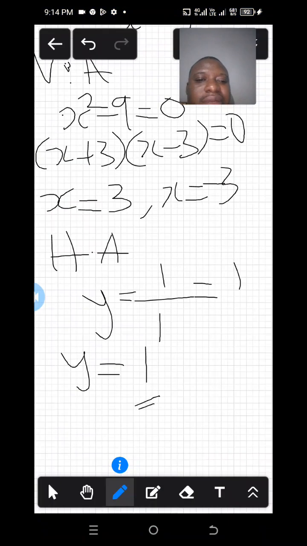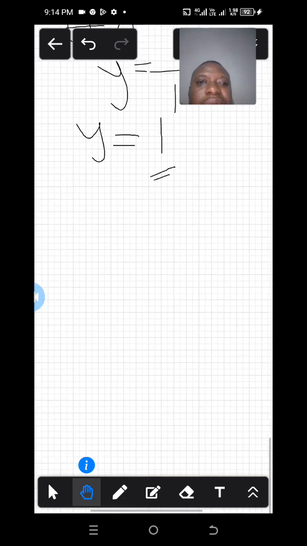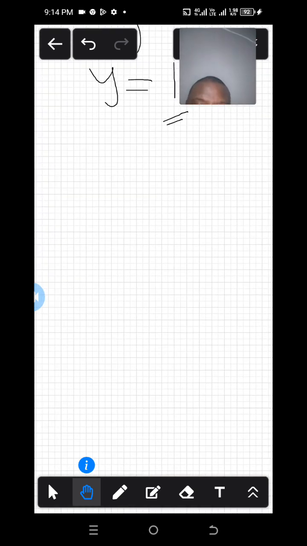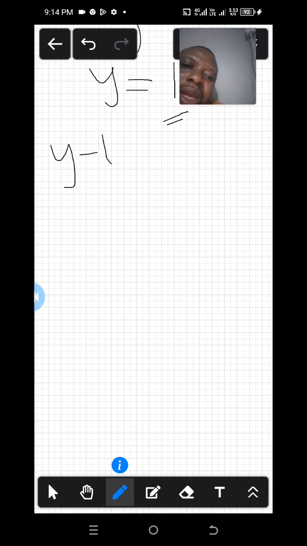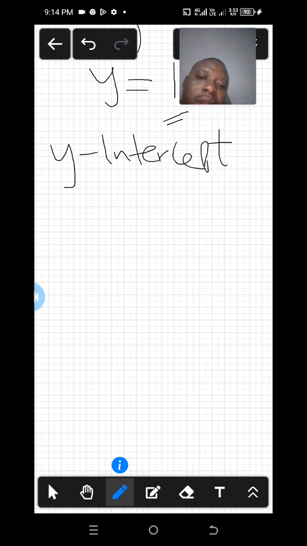So find x intercept and y intercept. Of course, if you want to find y intercept, we make sure that x becomes 0. So for y-intercept, x must be 0.